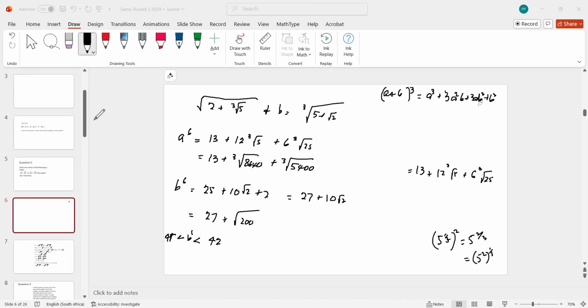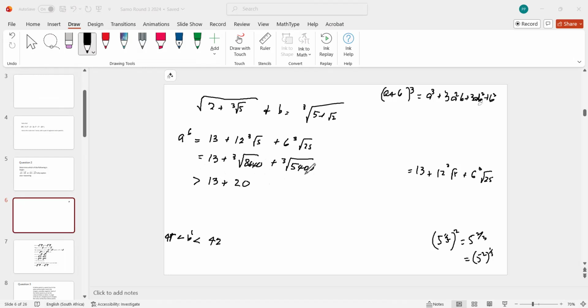Okay, now we can estimate these cube roots. I know that b to the 6 lies between 41 and 42. Let me make some estimation here. For one thing, I know the cube root of 8,000 is 20.